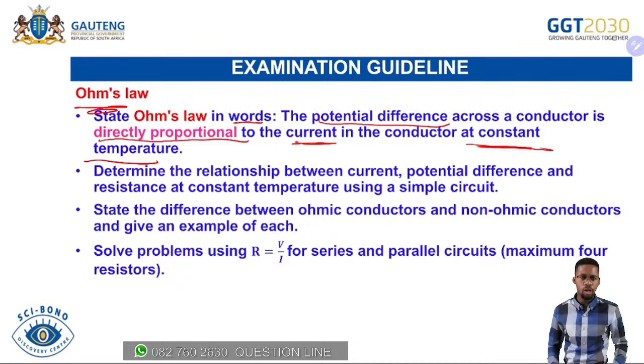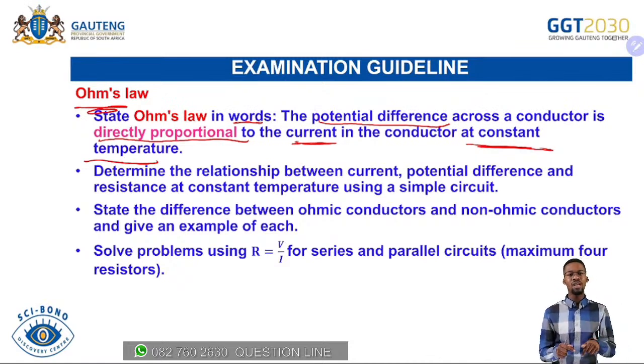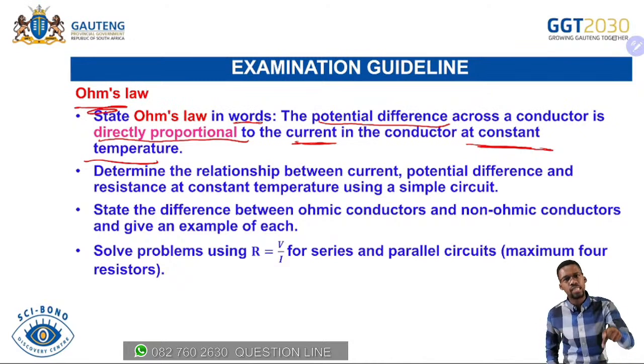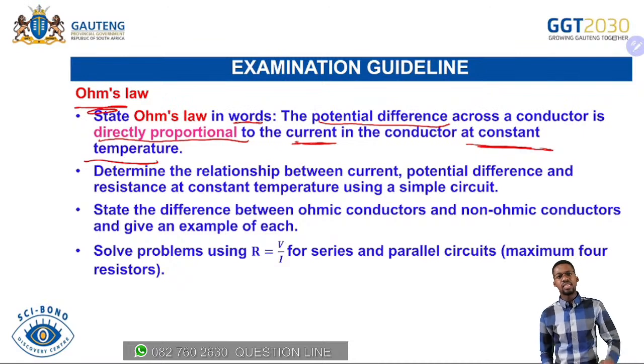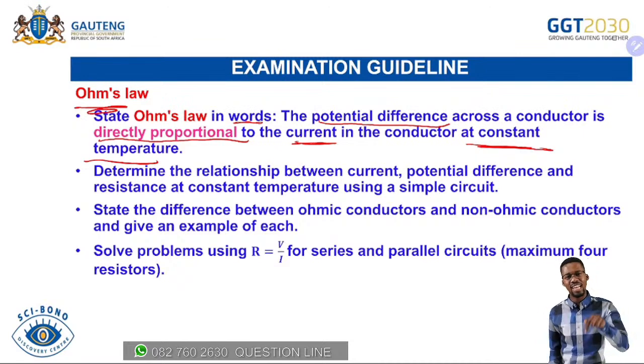So the fixed variable is constant temperature. And where do we get that? From the law. The law is telling us that the potential difference is directly proportional to the current in the conductor at constant temperature.